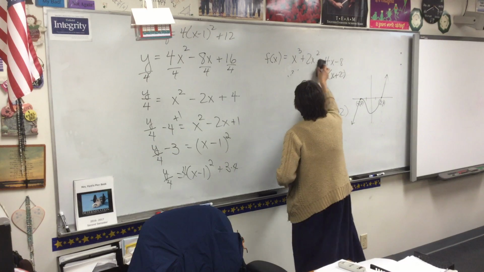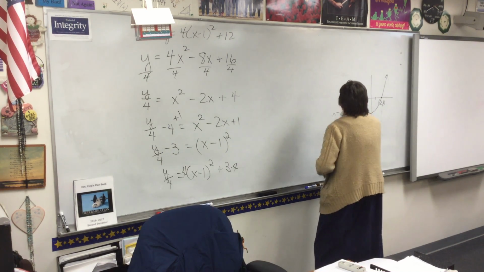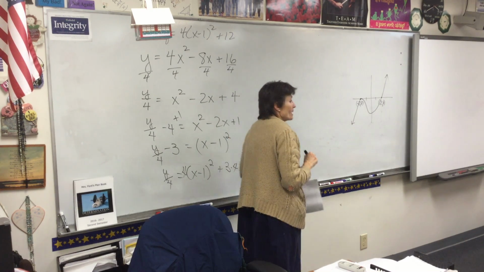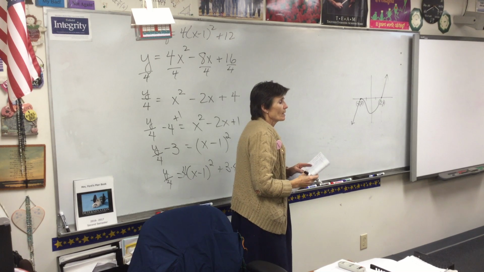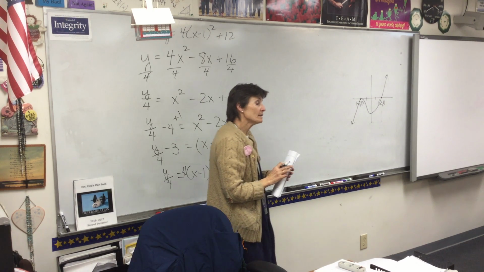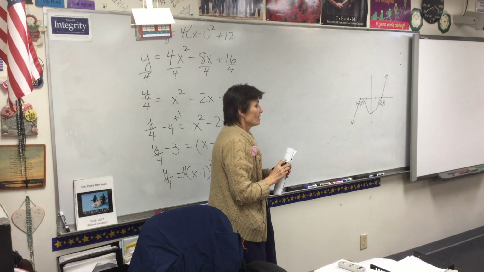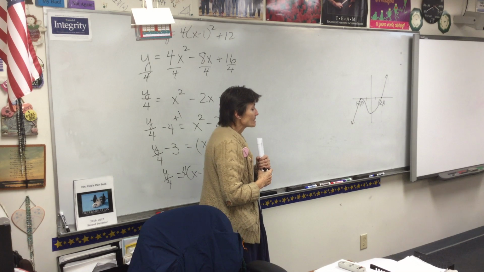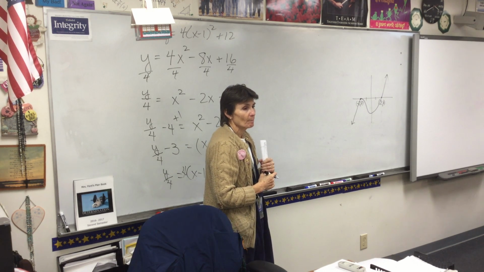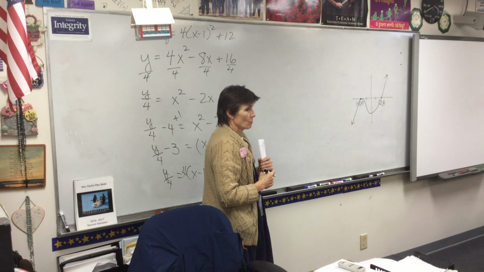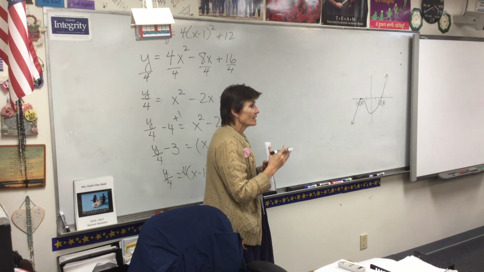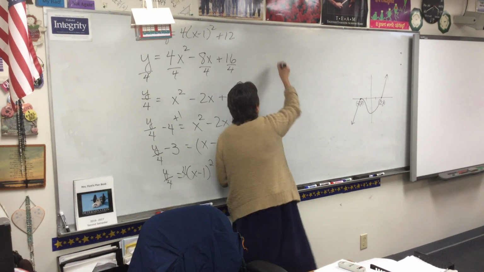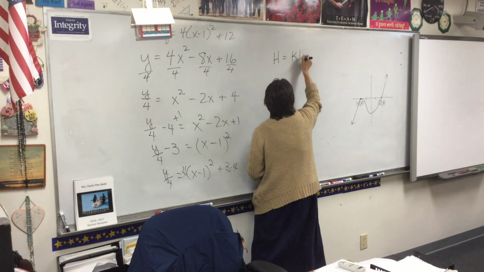So let's say height varies directly as pants size. So what will be my setup? K times X or K divided by X? Times. So height varies directly as pants size.